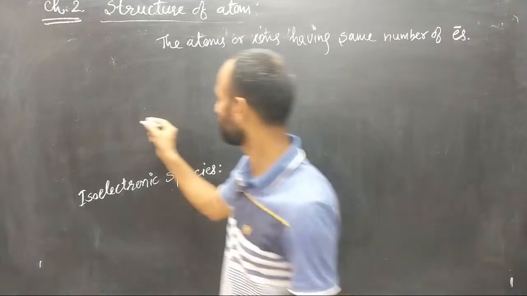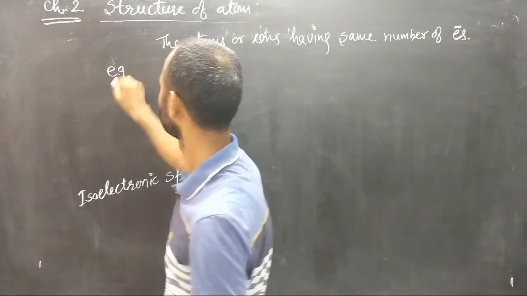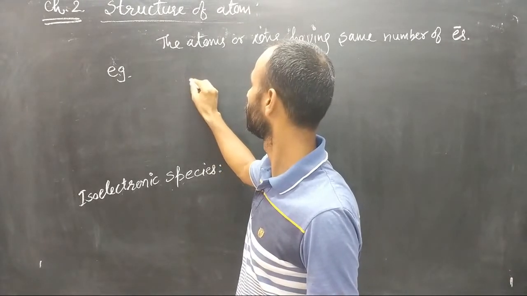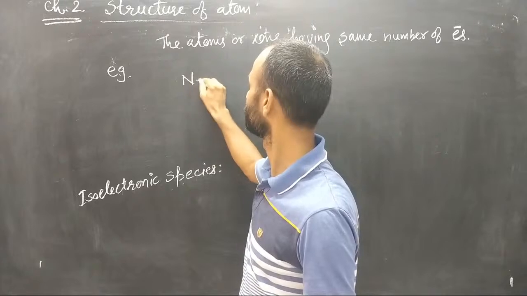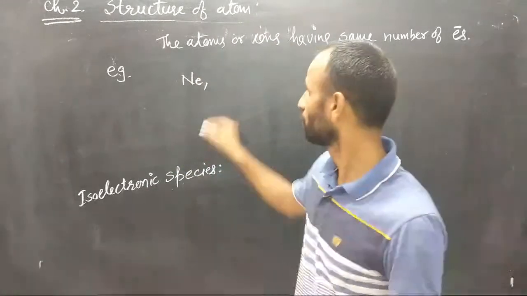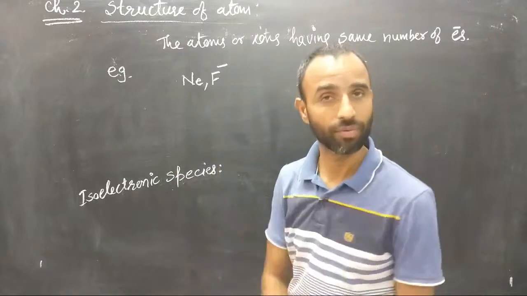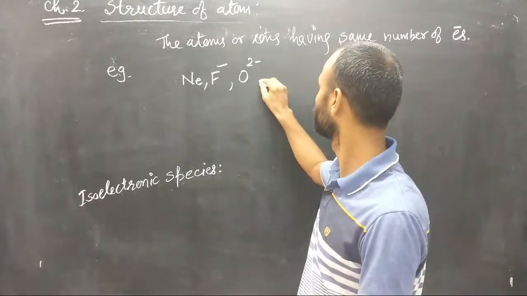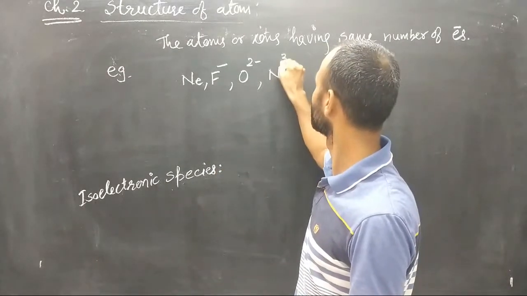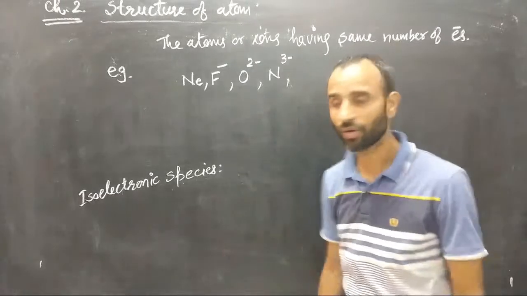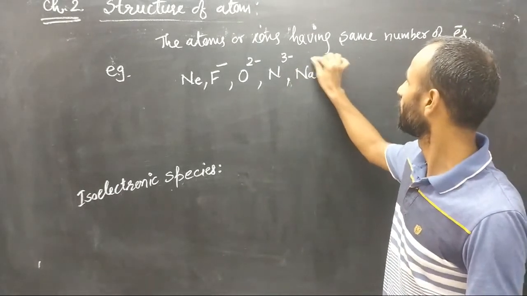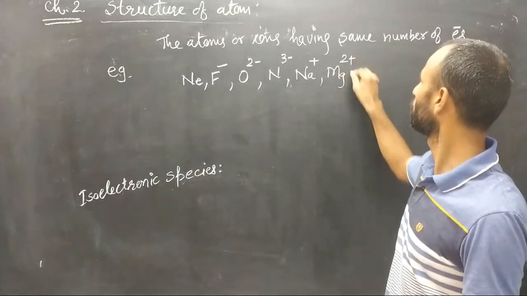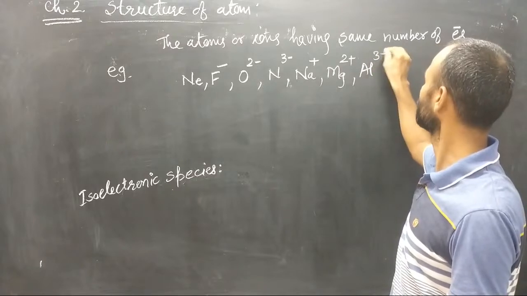Okay, for example, neon, F negative, O 2 negative, N 3 negative, or Na plus, Mg 2 plus, Al 3 plus.